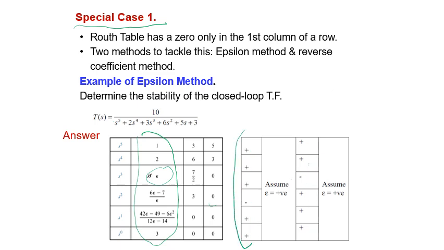You are going to find that the number of changes in sign here is 2, 1, 2, and the number of changes in sign here is also 1 and 2. So whether you put epsilon positive or negative, you get the same changes in sign. It causes no effect. For simplicity, always assume it's positive, though it's no problem to make it positive or negative.